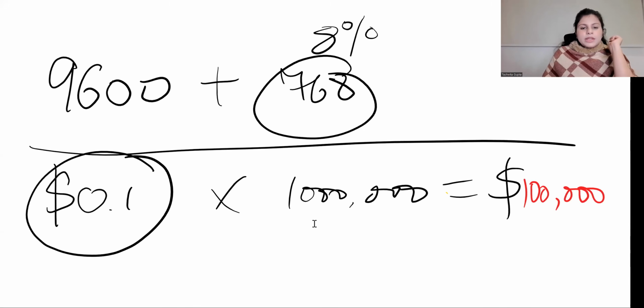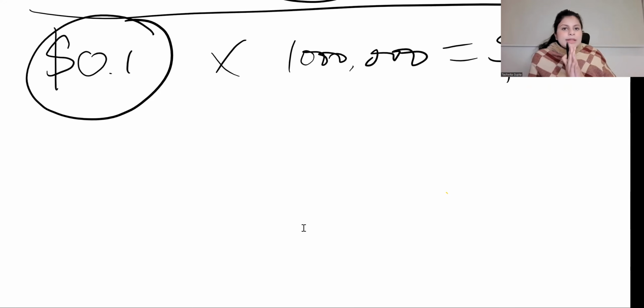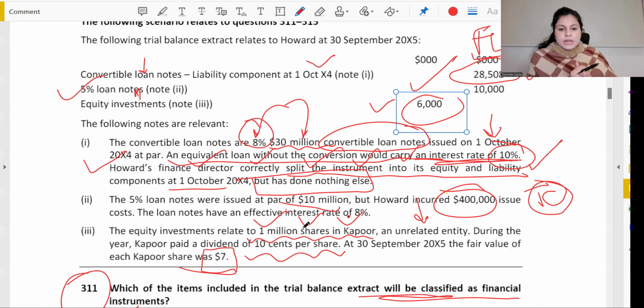And then they are asking you that there is some fair value gain also. Under IFRS 9, if nothing is given for my equity instruments, under which method do I keep it? For equity instruments, I have two methods, fair value through P&L and fair value through OCI. If nothing is given, the default method is fair value through profit and loss.